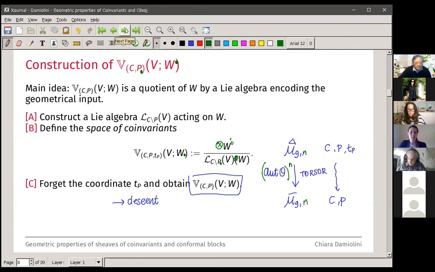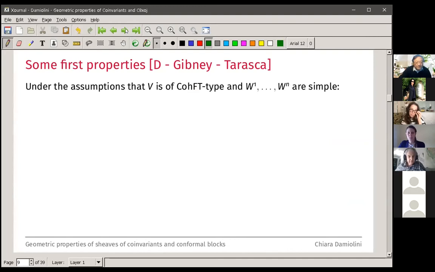And okay, so let's maybe start with some properties. I just put here the names of myself and my collaborators, Angela Gibney and Nicola Tarasca, because most of these properties we put in some papers we've written together. For the constructions, we actually didn't need the modules to be simple or V to be C2 cofinite or rational, but I will just stick to this.